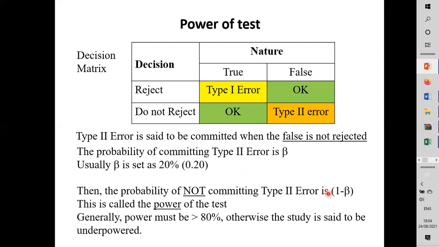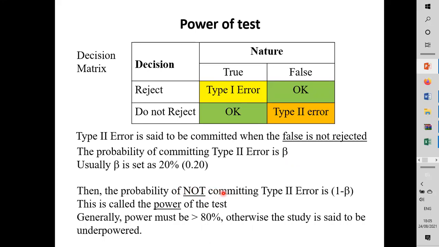So what's 1 minus beta? Beta is the probability of committing type 2 error. Beta ranges from 0 to 1. So what's 1 minus beta? Not committing error is 1 minus beta.